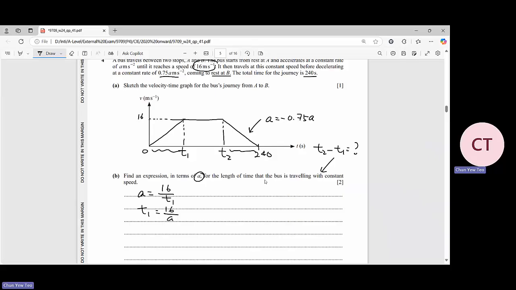So for the last stage, negative 3 over 4a is equal to 0 minus 16 divided by 240 minus T2. Okay, so you can have 240 minus T2 is equal to 64 over 3a.